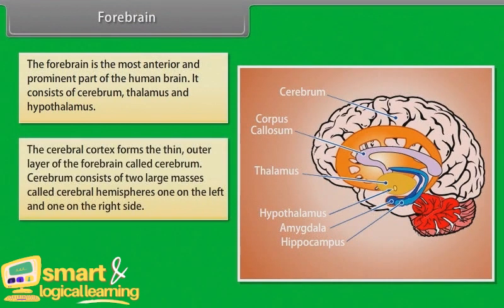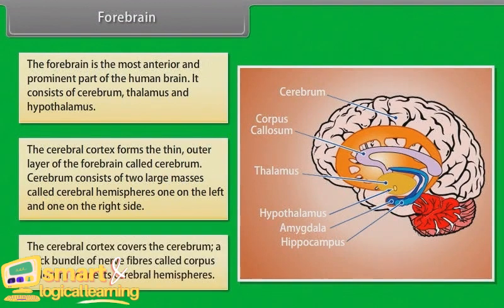The cerebral cortex forms the thin outer layer of the forebrain called cerebrum. Cerebrum consists of two large masses called cerebral hemispheres, one on the left and one on the right side. The cerebral cortex covers the cerebrum. A thick bundle of nerve fibers called corpus callosum connects cerebral hemispheres.